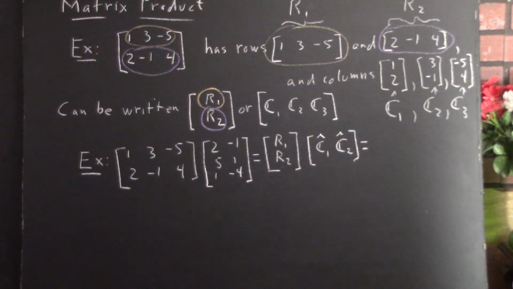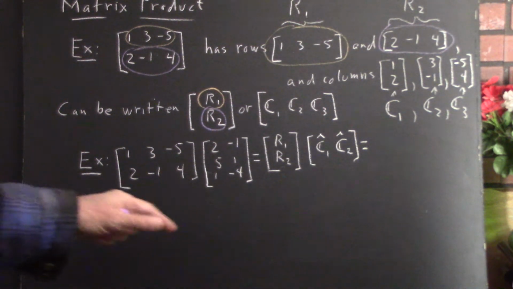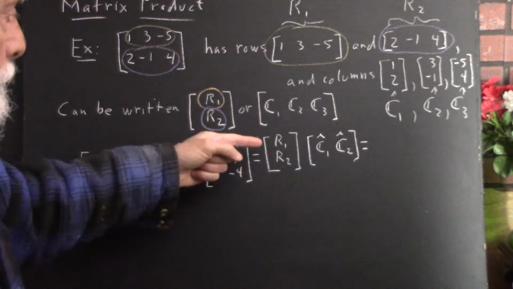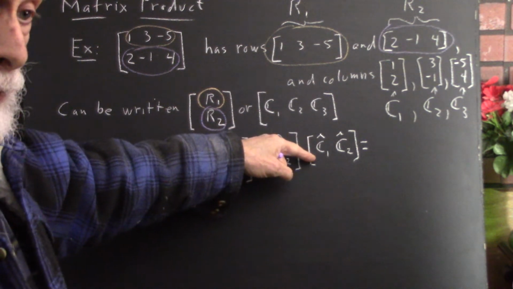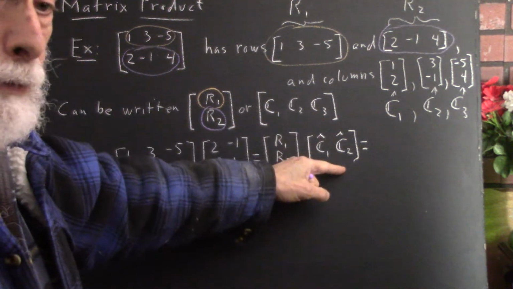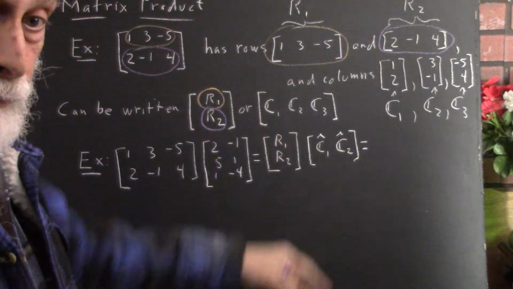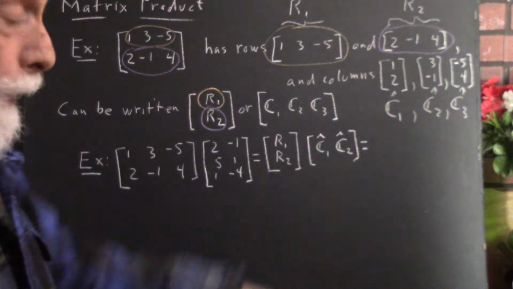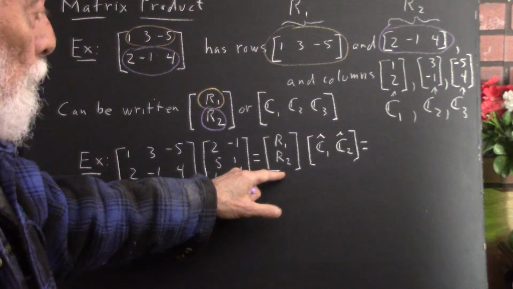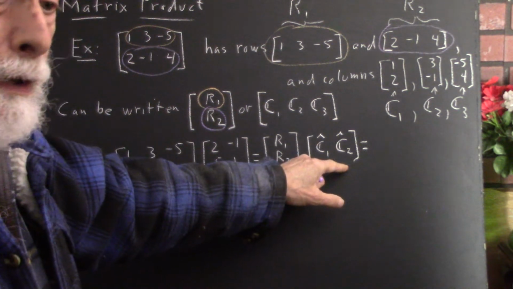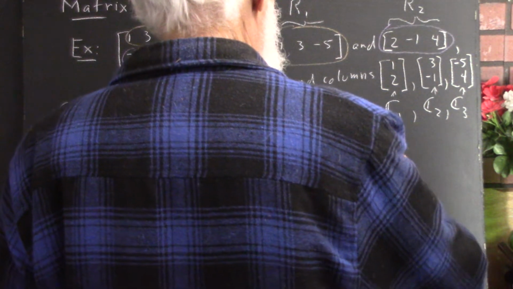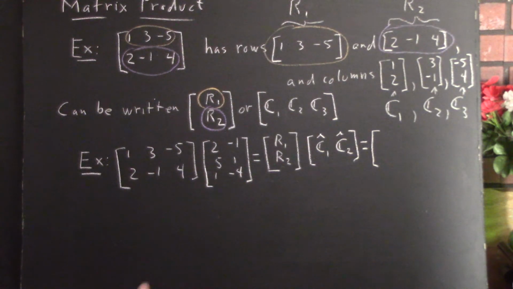Okay? So, when I multiply the matrices, I'm going to multiply row 1 by column 1, and row 1 by column 2. In other words, each row will multiply both columns one at a time. Then I'll multiply row 2 by column 1 and row 2 by column 2. And I'm going to put the results in the row and column they came from.